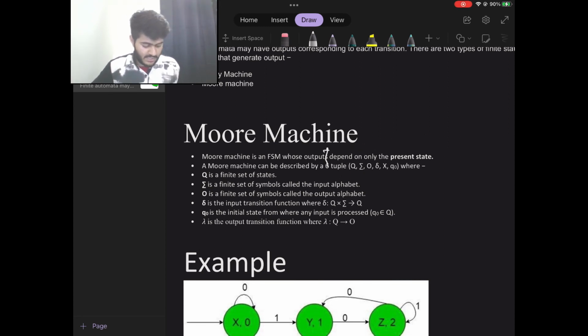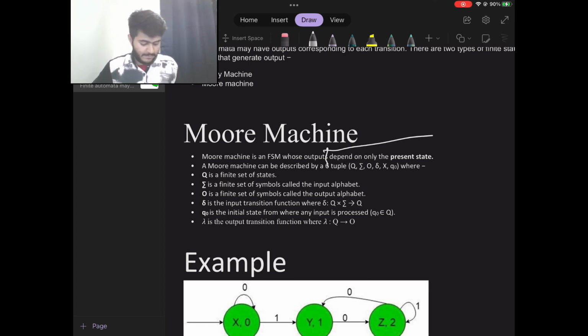So let's take another example of a Moore machine. Let's try out a simple one, where 0 and 1 will be given as an input, and we have to find out whether the number of ones is even or odd. If the number of ones is even, the output will be 1, and if not, 0 will be the output.